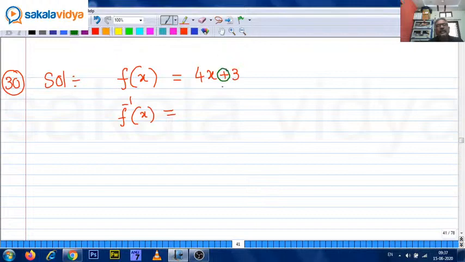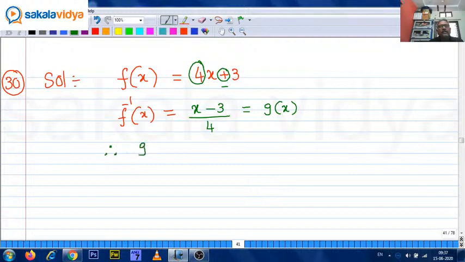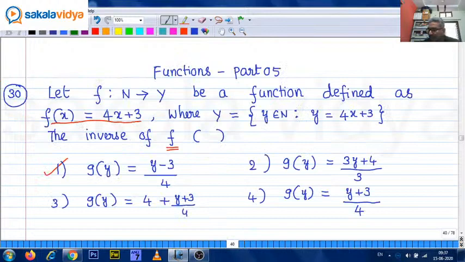Change this sign to minus, and we need to write like this, x minus 3 upon the coefficient of x, 4. Say this is g of x. So x is the dummy variable. We need g of y. g of y equals y minus 3 by 4. So you check the option. The first option is the right option.